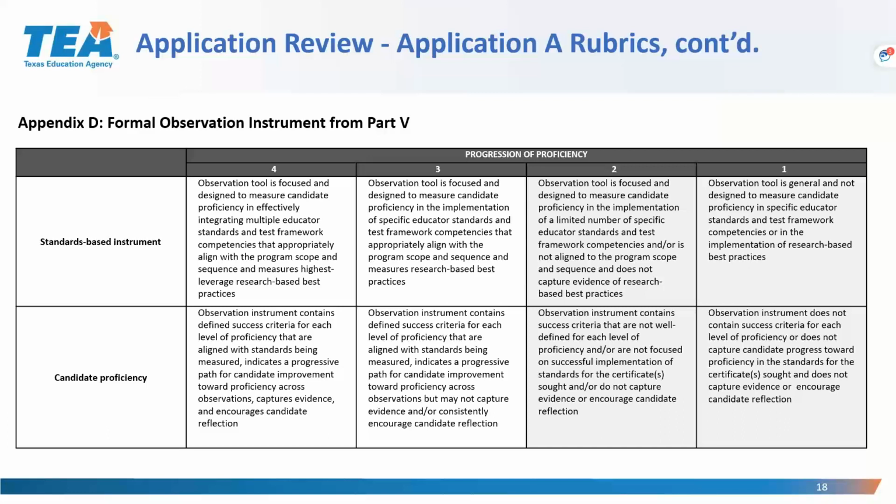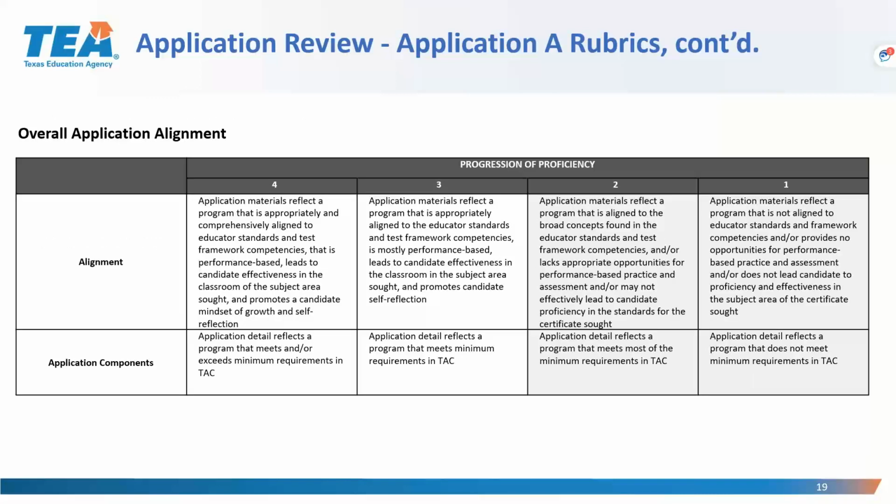Let's take a look at the overall rubric for Application A. This is the rubric that is used to evaluate alignment throughout Application A. Let's take a moment to look it over.